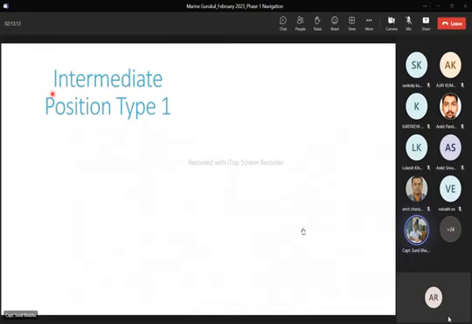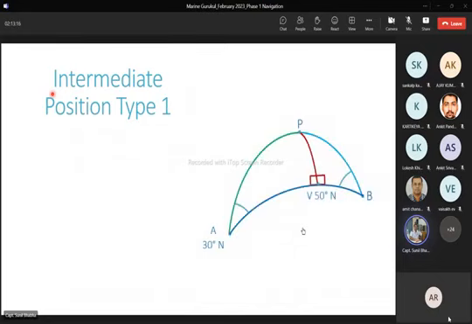Now let's try to solve an intermediate position type 1 problem. We can see a PAB triangle coming up here. The angles A and B are acute, so the vertex lies inside. You can see the vertex in between A and B. Let's assume that our initial position is at 30 degrees north latitude and the vertex latitude is 50 degrees north.